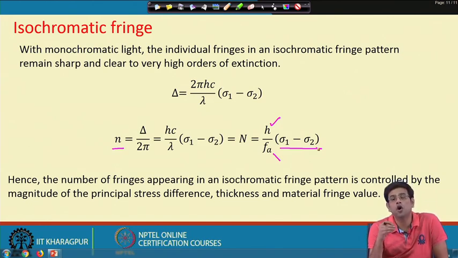Suppose you want to test a steel body in a photoelastic experiment. Steel is not a birefringent material, it is not a non-crystalline material, so it will not show the birefringence property. That means it will not show the temporary doubly refractive property.